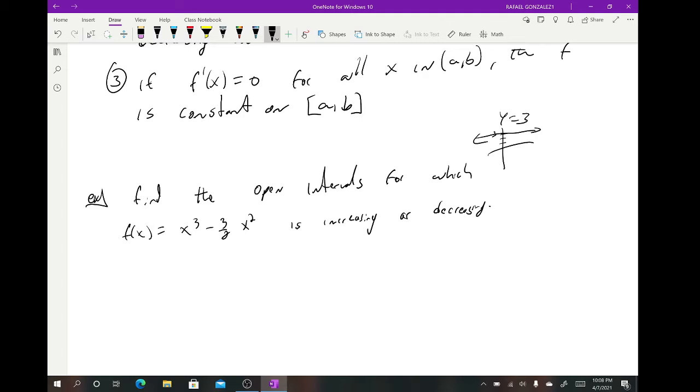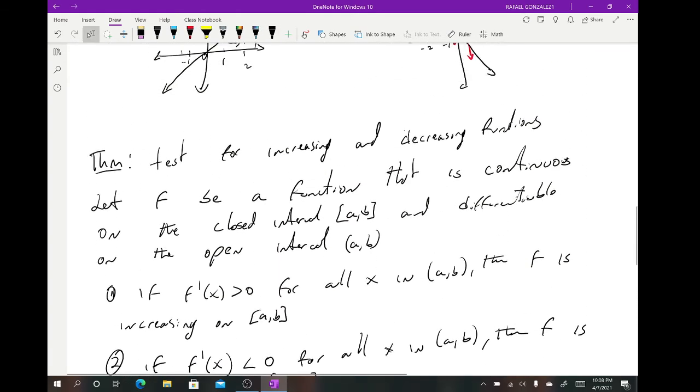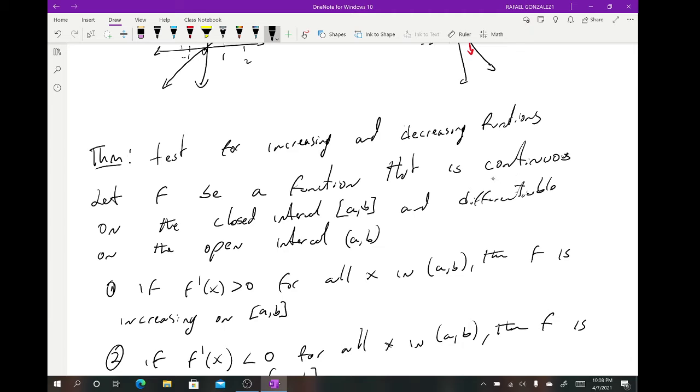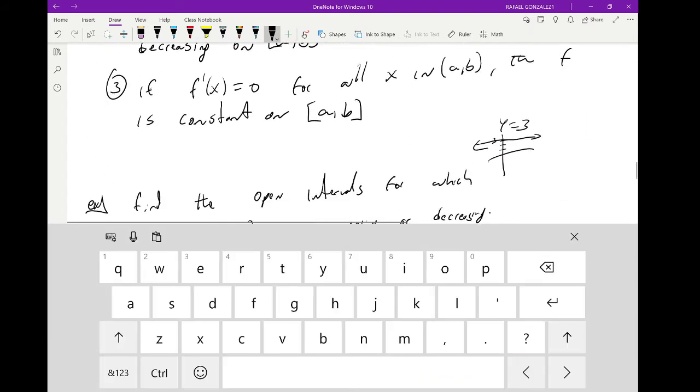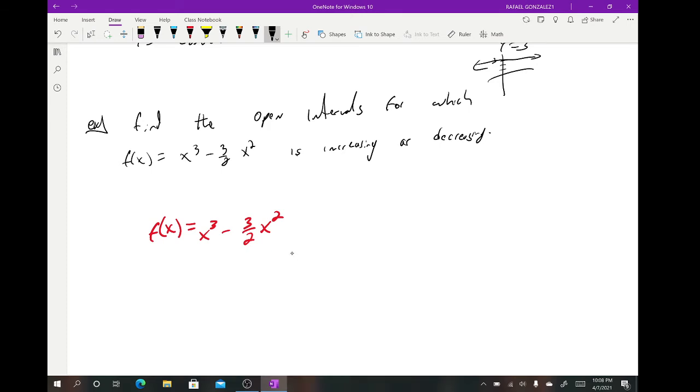All right, the first thing you should notice is that f(x) is differentiable everywhere on its domain because it's a polynomial function. It's also continuous everywhere on its domain. We need both continuous and differentiable. So f is both continuous and differentiable on the open interval (-∞, ∞).